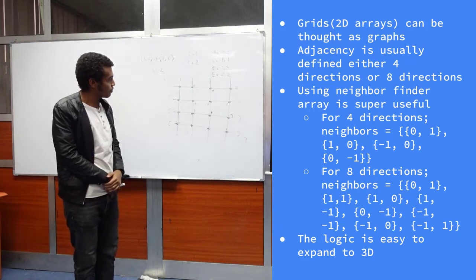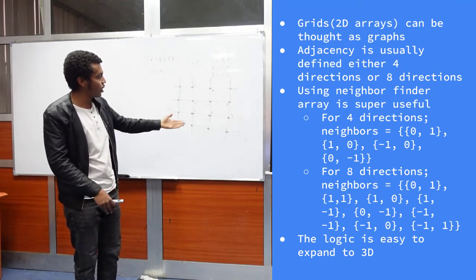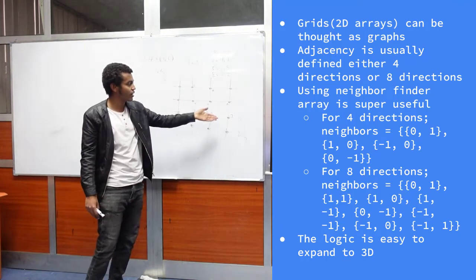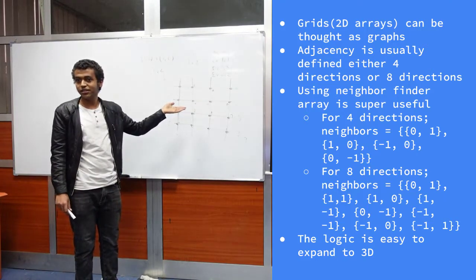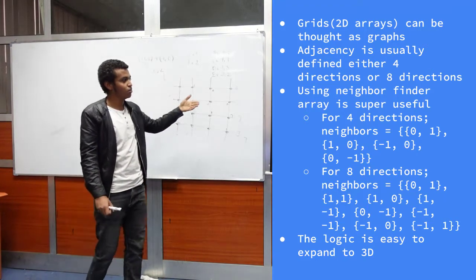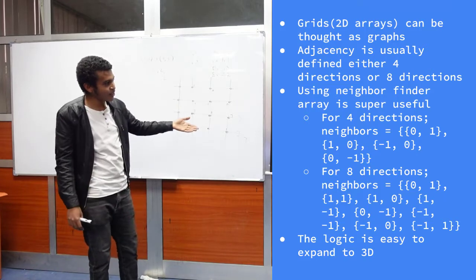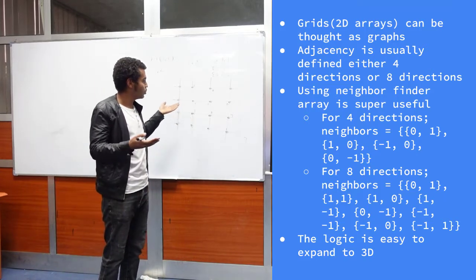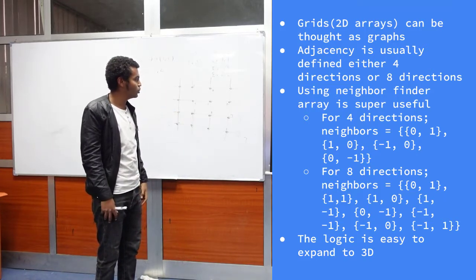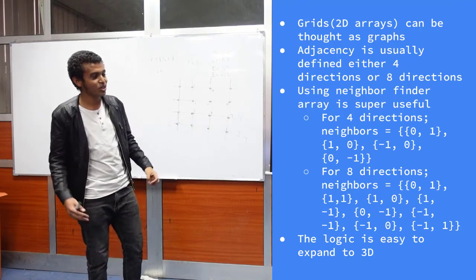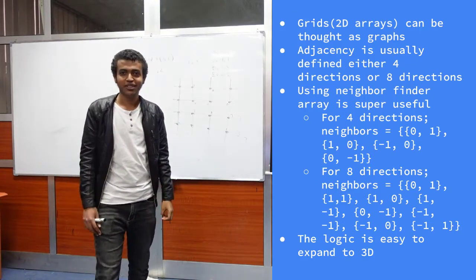So how many neighbors do we have now? Now that we have added 4, 8, right? This logic can be upgraded to 3D too, but you can think more about it on your own time.